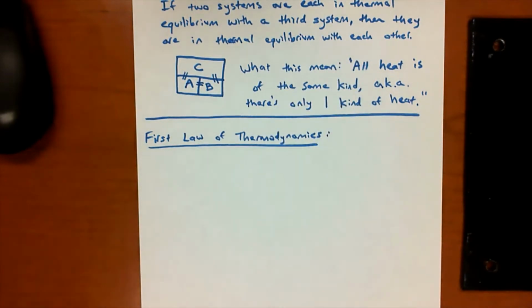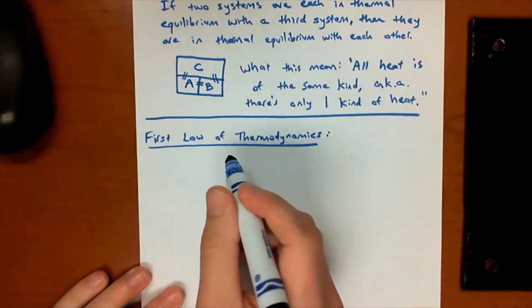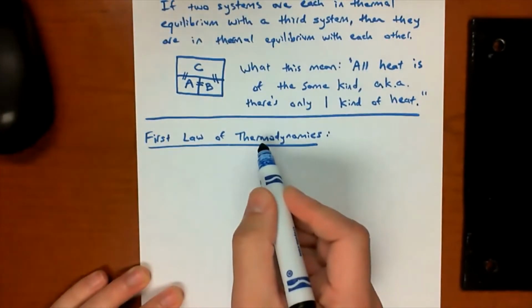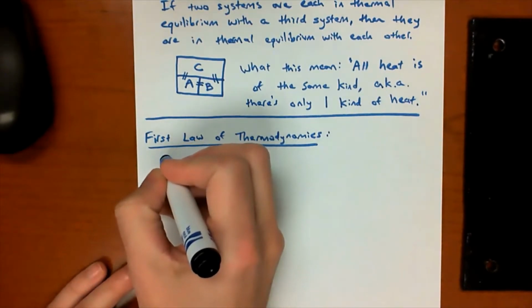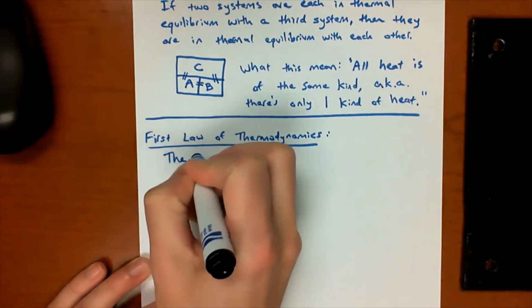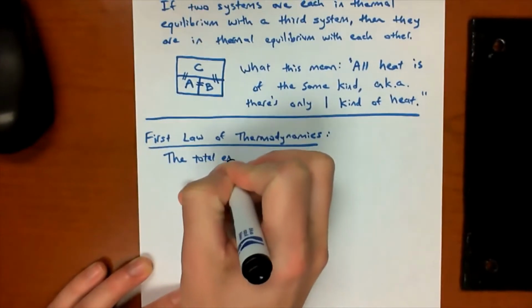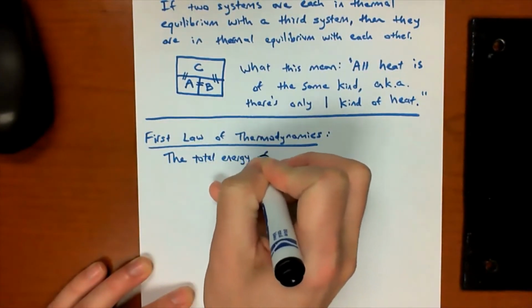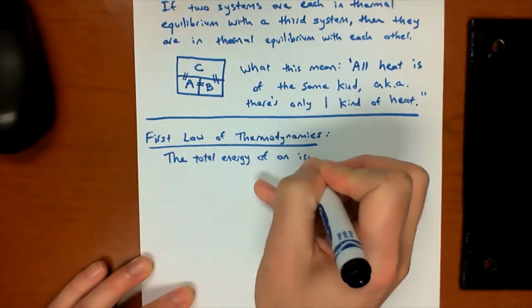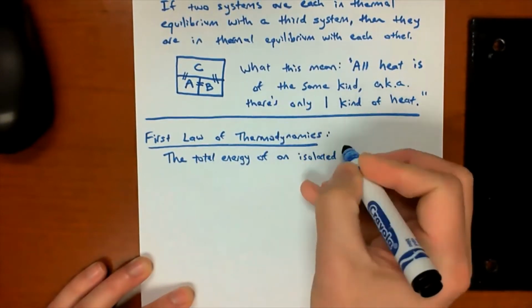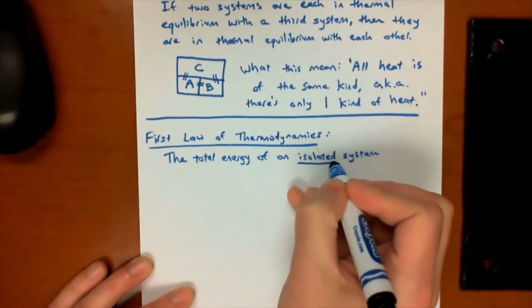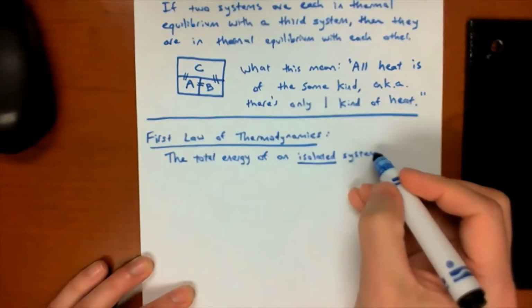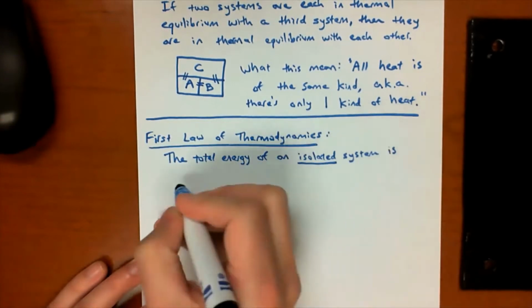I'm almost 100% sure that you've heard of the first law of thermodynamics before, but let's write it down. It says that the total energy of an isolated system, and that's important, so let's underline that, is constant.